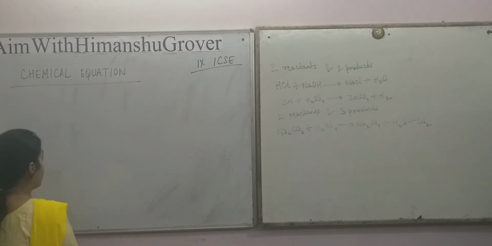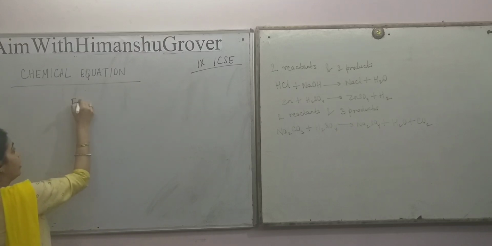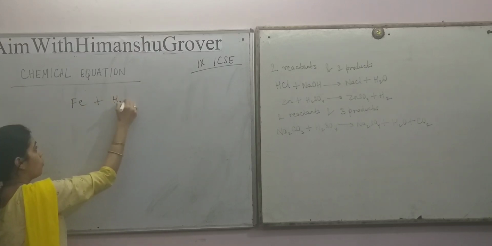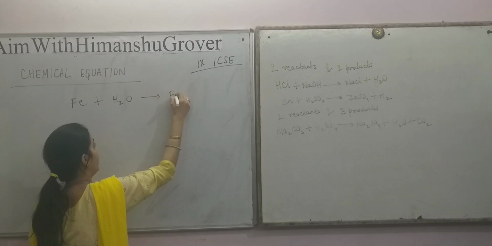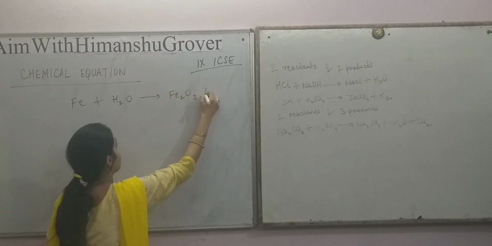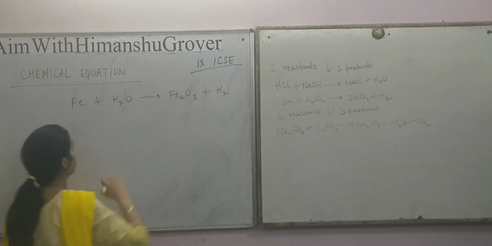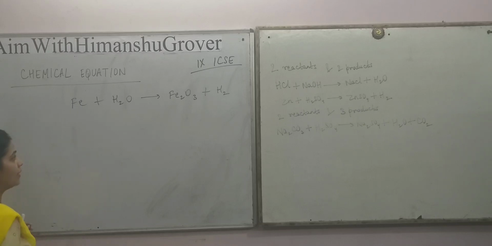If we have to balance the equation Fe plus H2O, it gives Fe2O3 plus hydrogen. How to make it balance? See, here the elements are iron, hydrogen and oxygen.